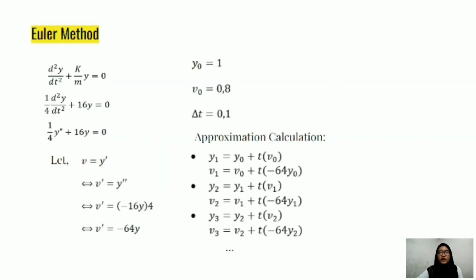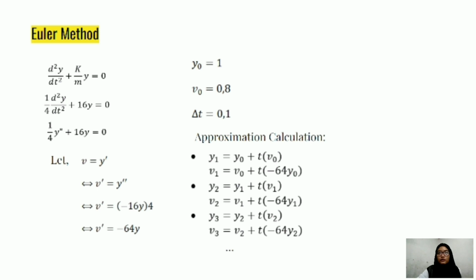We have the equation d²y/dt² + (k/m)y = 0. Then (1/4)y'' + 16y = 0.